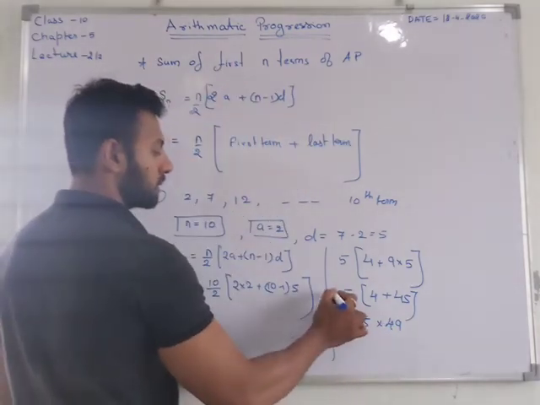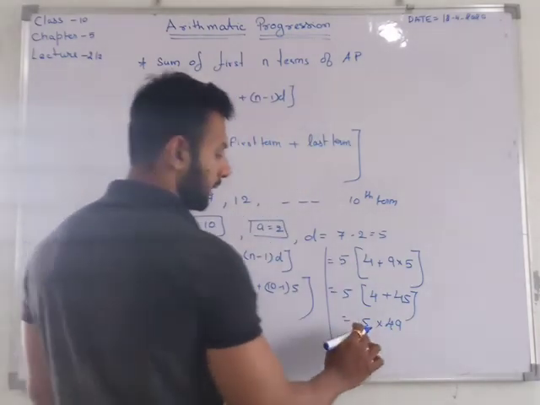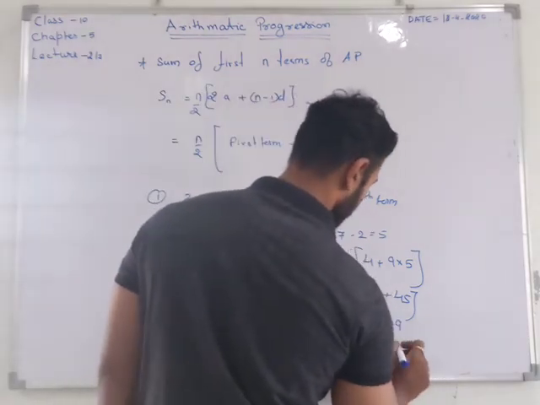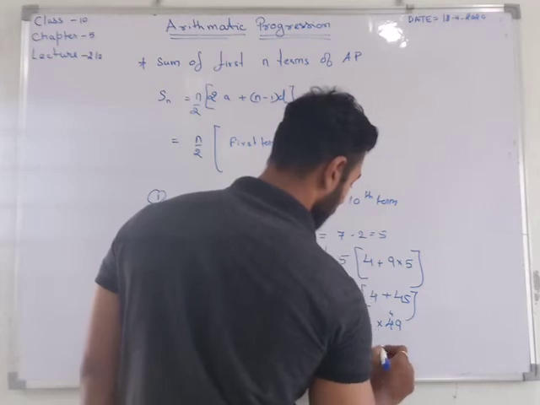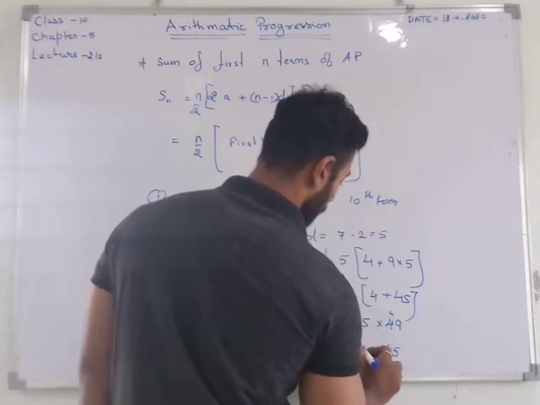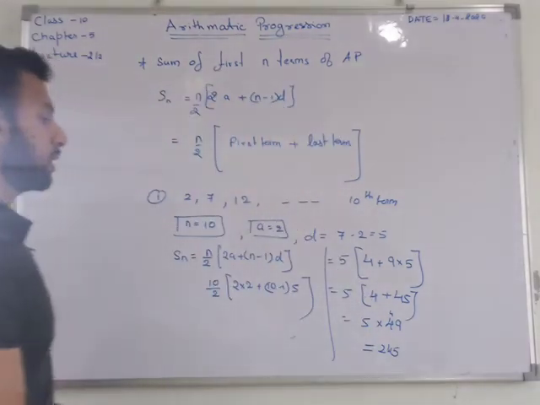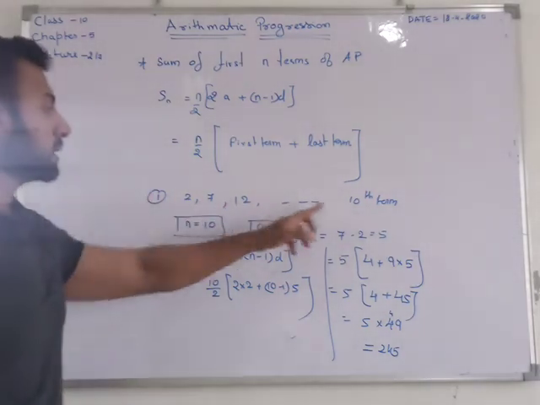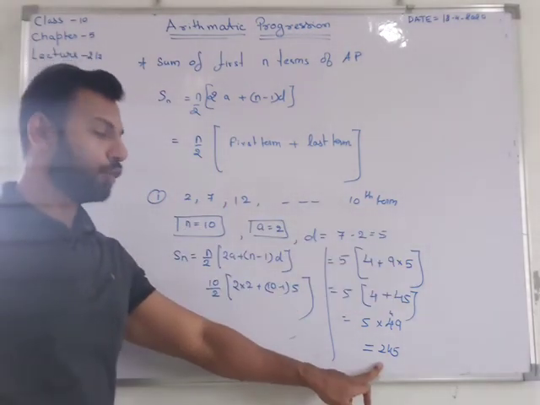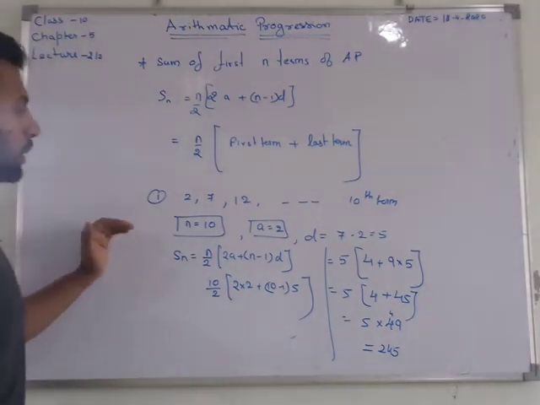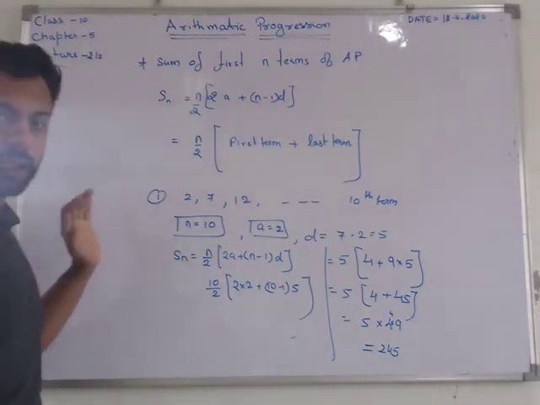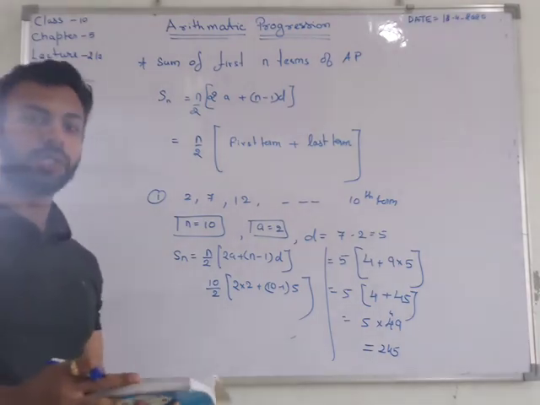Multiplying these two numbers, we get 245. So the sum of all these numbers till the 10th term is 245. I hope you got the idea how we can use these formulas for finding the sum. Let us move to the next question.